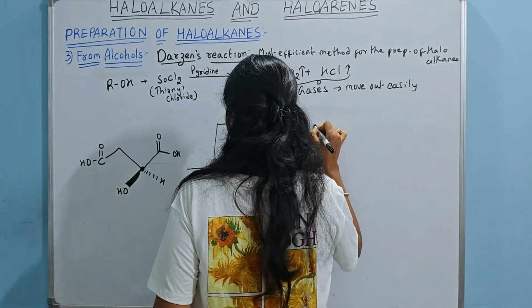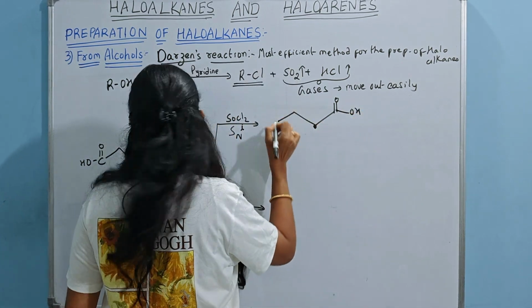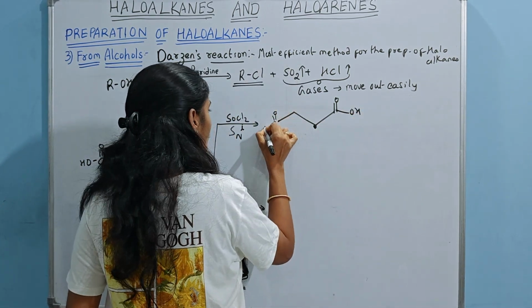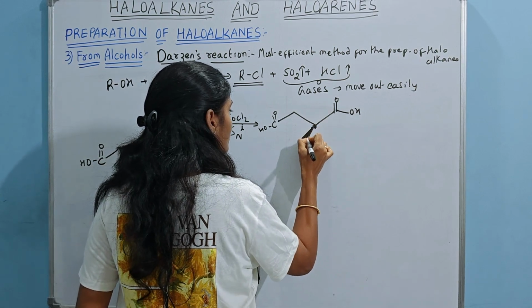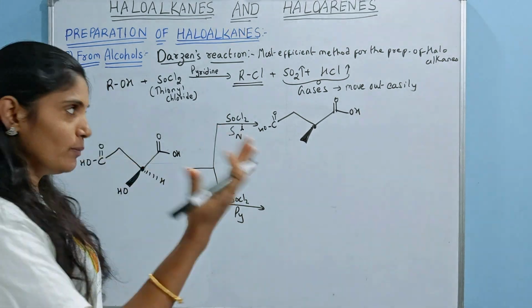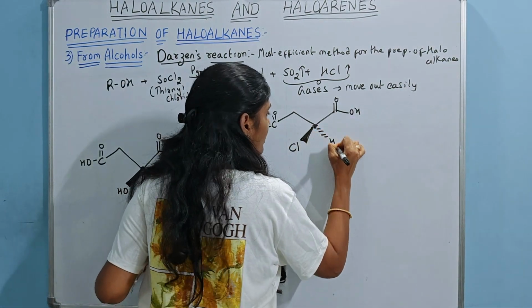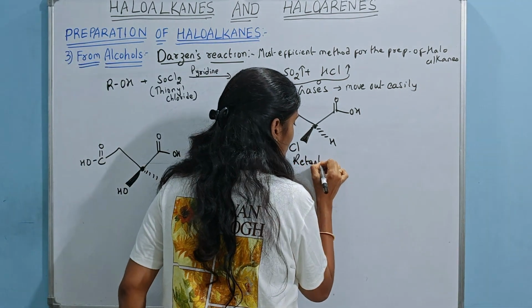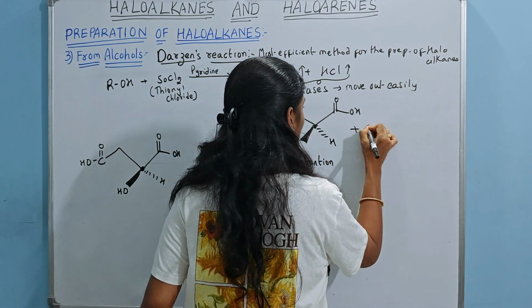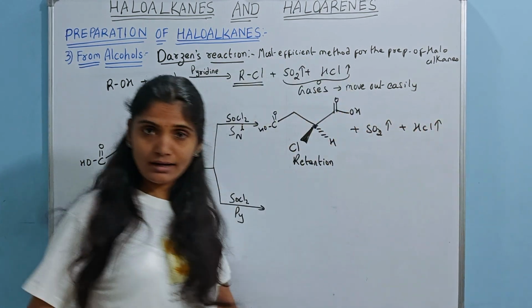So this will be my chiral carbon, this will be CH2COOH, and OH was there coming out of the plane of the paper towards us. So Cl will take the same side, and hydrogen is here. So what do you see here? You can clearly see the retention of configuration here, plus SO2 gas and HCl gas. Both the gases are out.